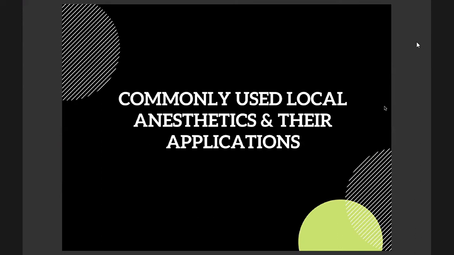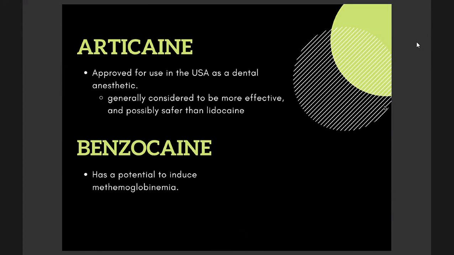So we have now the commonly used local anesthetics and their application. So you have Articaine, approved for use in the United States as a dental anesthetic, generally considered to be more effective and possibly safer than lidocaine.